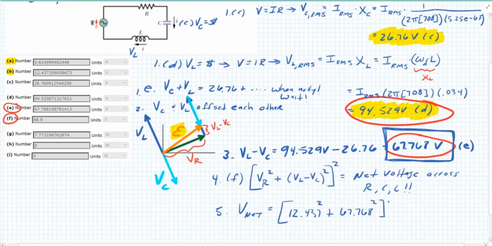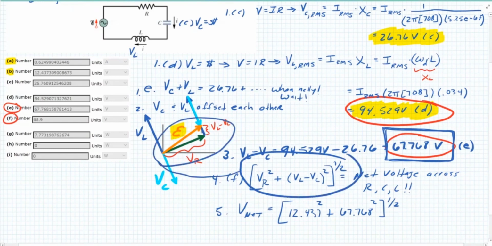And then we take the square root of it. I should have written down, I'm not squaring this. This is Pythagorean theorem, because this is just keying on this triangle. This is the triangle I'm using right here. That's 90 degrees. Okay, so let's get the net voltage.